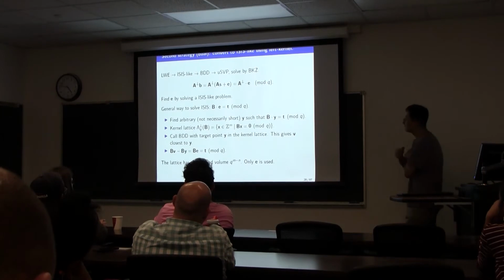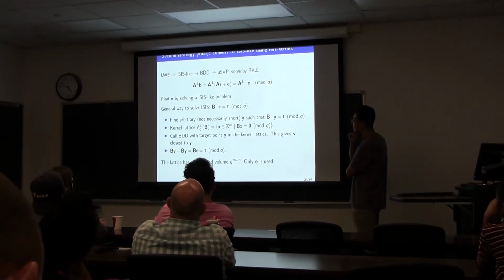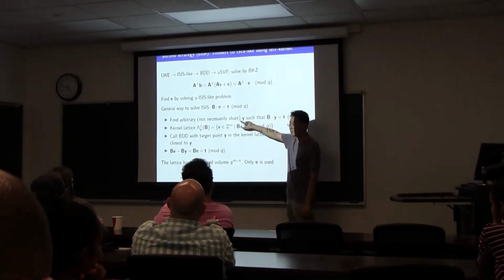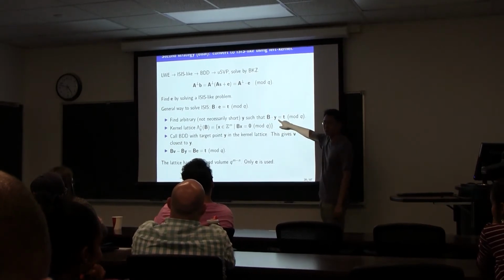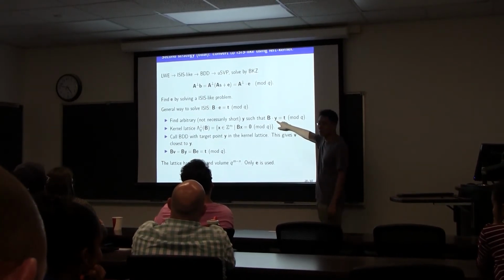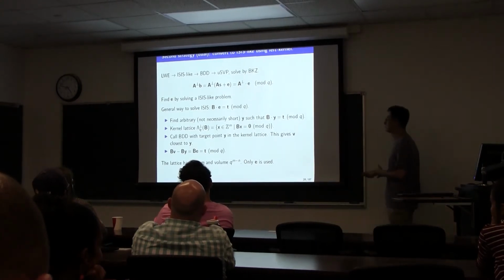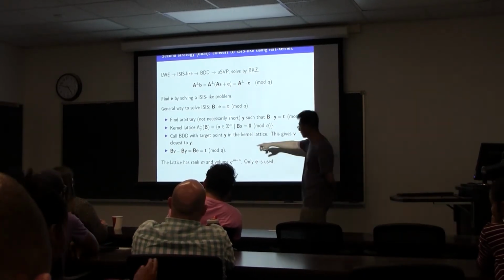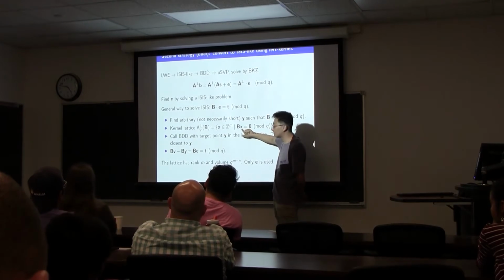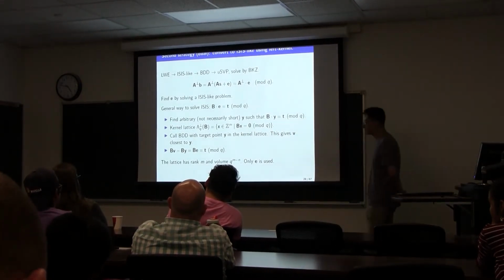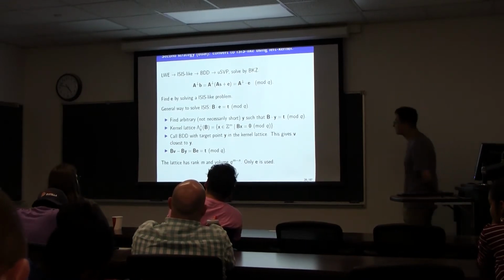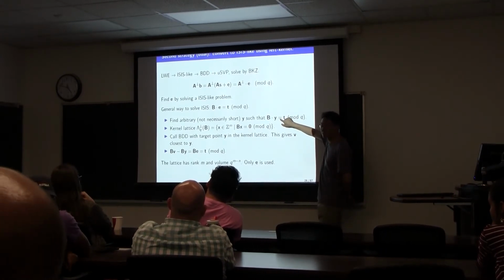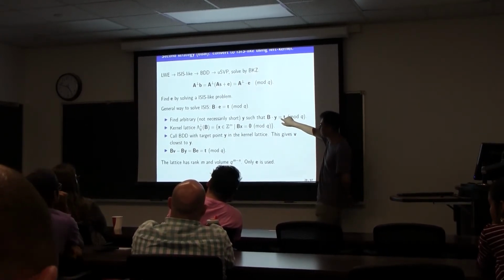The way to solve these SIS problems is very similar to what we described before. First, we find Y, not necessarily short. This is an easy problem because we can simply solve the system of linear equations. The caveat is we don't need a short solution, so this can be done very efficiently. Then we consider the kernel lattice, which are all the X such that BX is 0 mod Q. I take this Y as the target point and compute the closest vector in the kernel lattice.